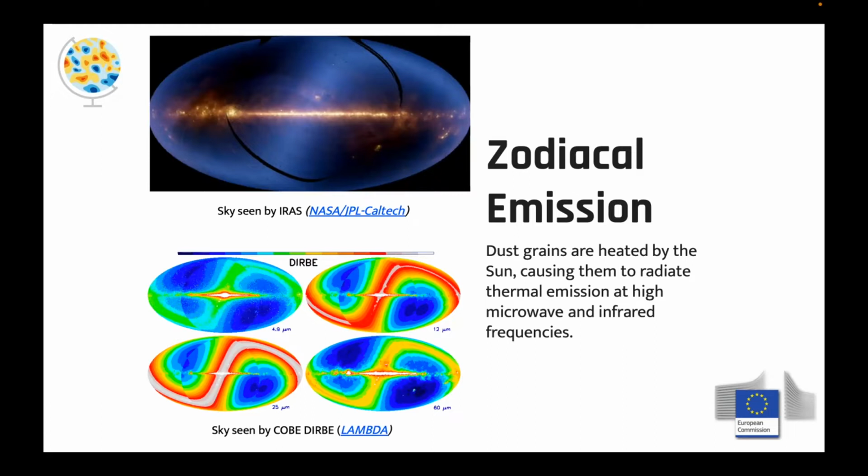So here we have the IRIS data, and here we have the DIRBE data. I should just quickly mention that these maps are in galactic coordinates, while the zodiacal emission, or the interplanetary dust, is aligned along the ecliptic, which makes this S shape in these maps. So that's why they look kind of weird if you haven't seen this before.